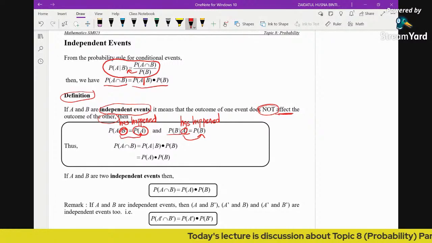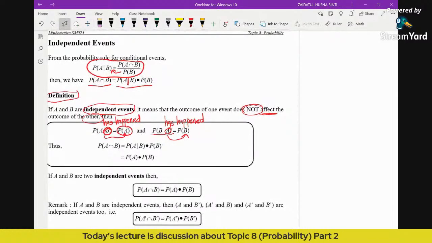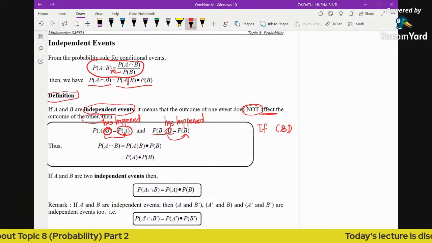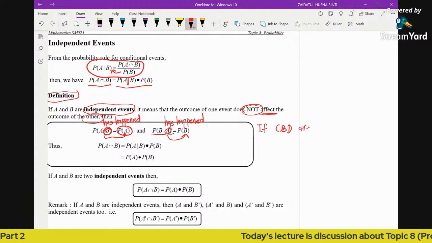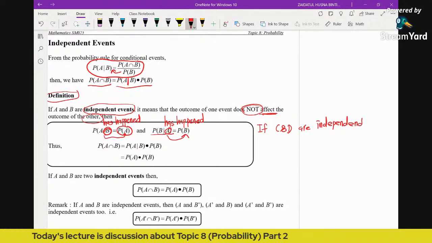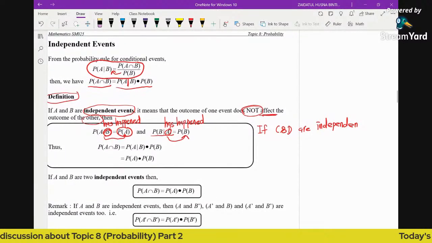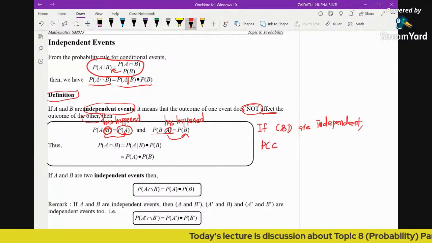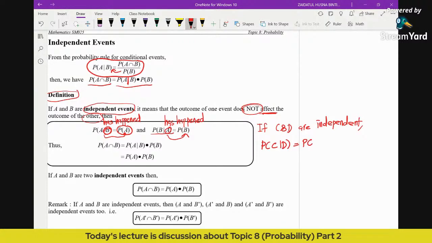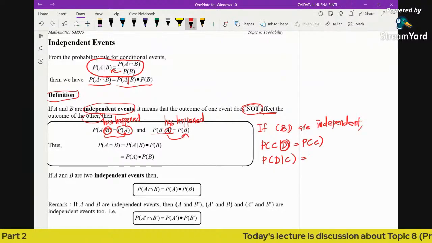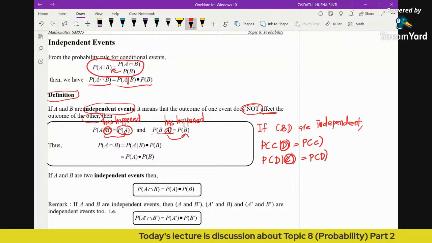If we have different letters, let's say I have two more different events, C and D. If C and D are independent, then probability of C given D is simply equal to P(C), because the D at the back will not have an effect on the C. And the same thing, probability of D given C will be equal to probability of D, because C does not have an effect.